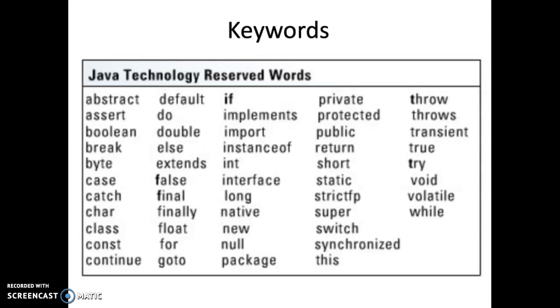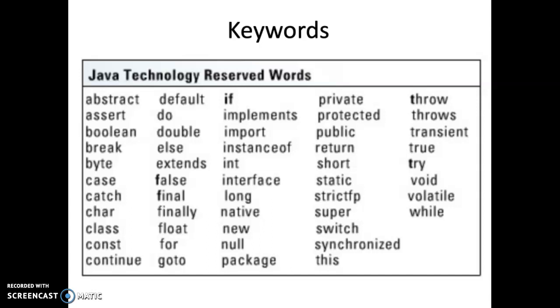So these are the keywords, and so part of the variable names is that you can't use these words. These are special words in Java. I think there's 44 of them. So if you try to use these words to name a variable, it's not going to let you because these words already have another meaning. They're already being used.